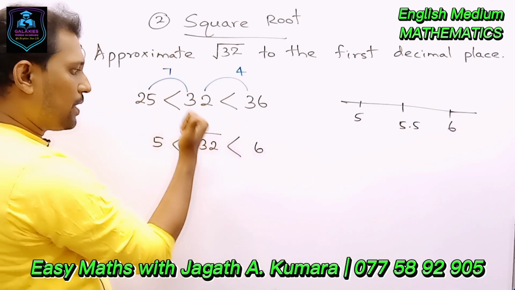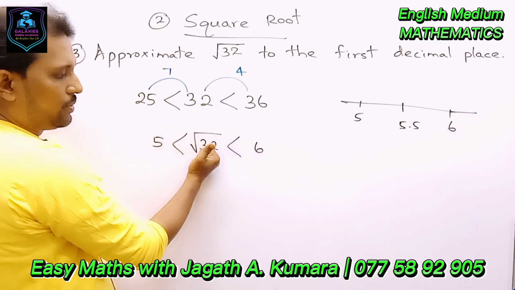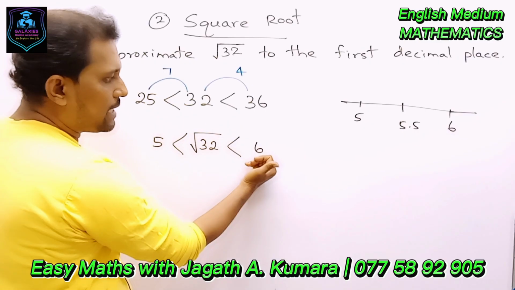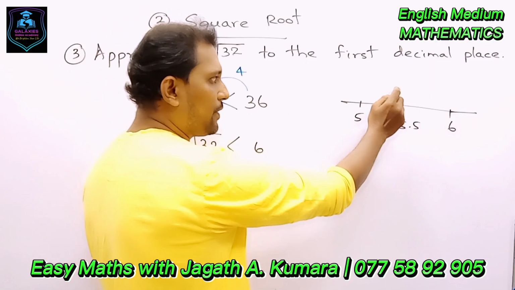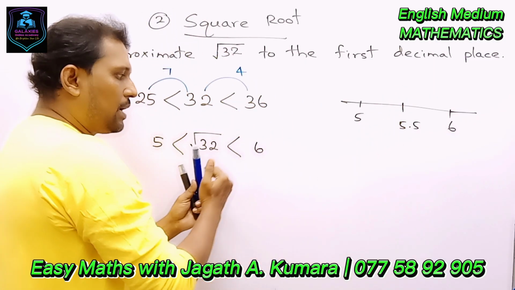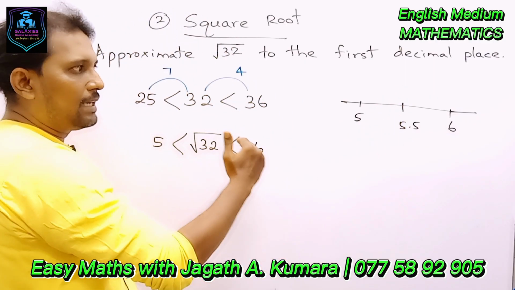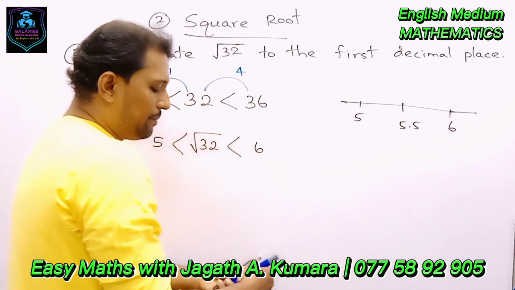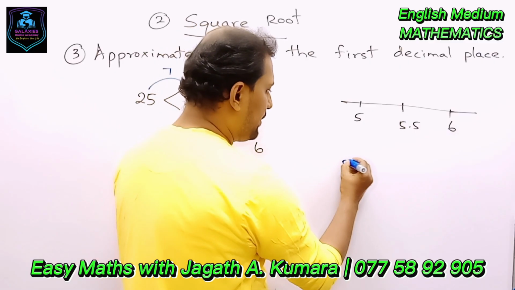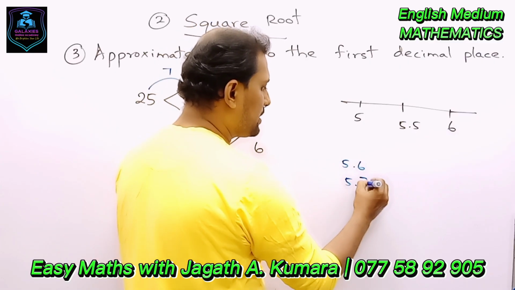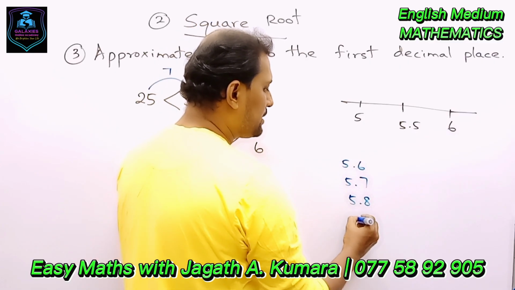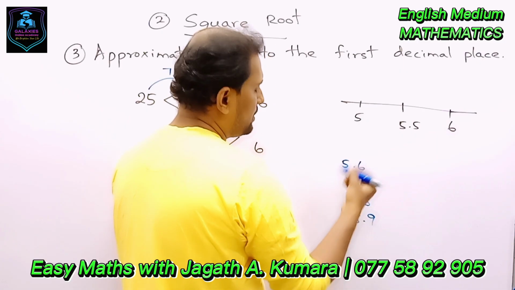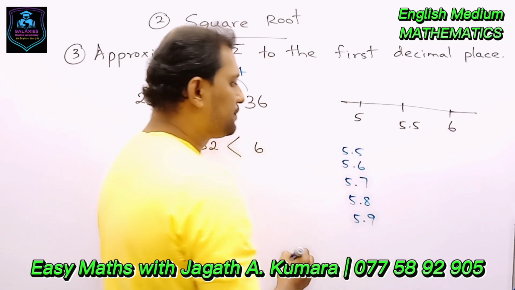So the square root of 32 should be closer to 6. The mid value is 5.5, no? So the square root of 32 should lie between 5.5 and 6. That means sometimes it can be 5.6, 5.7, 5.8, 5.9, sometimes maybe 5.5.